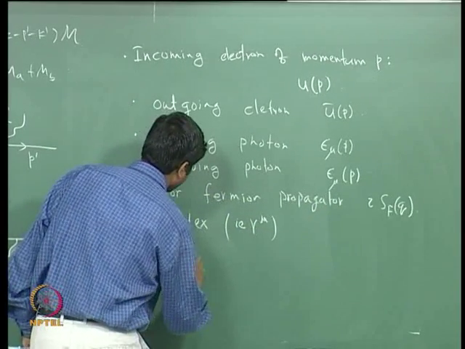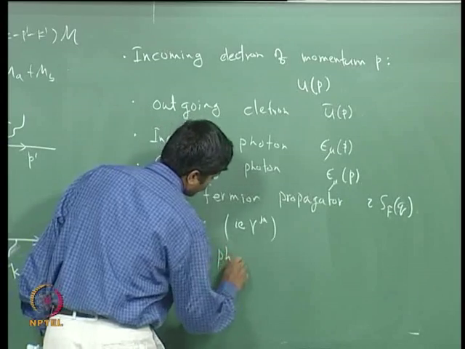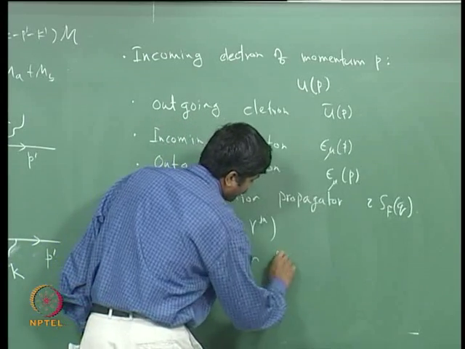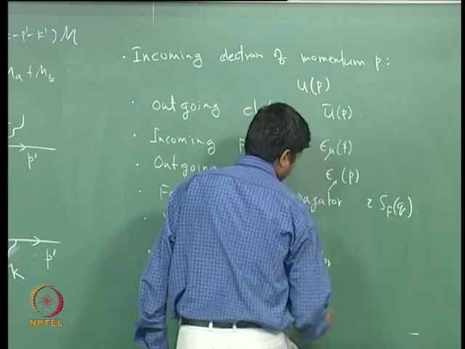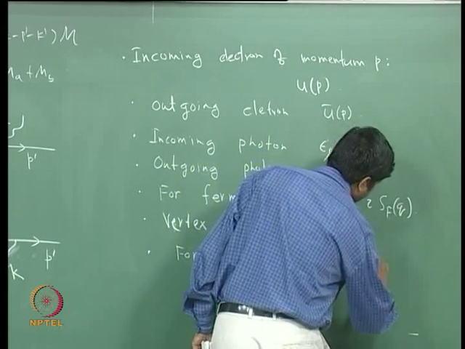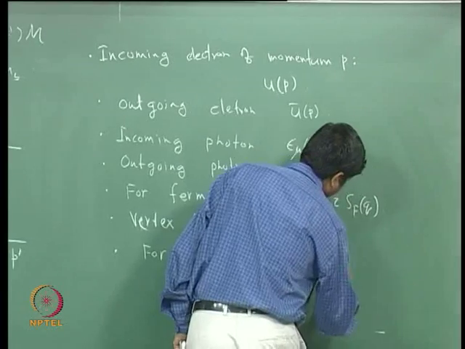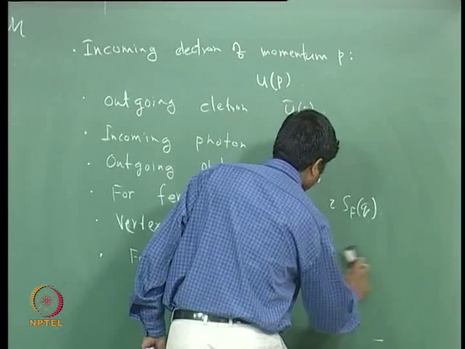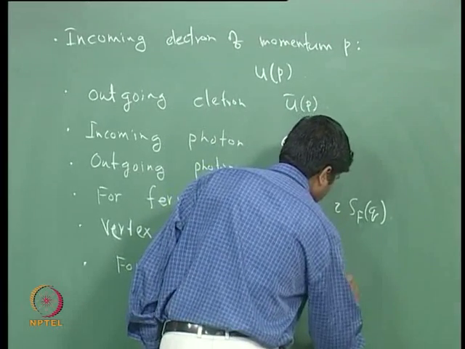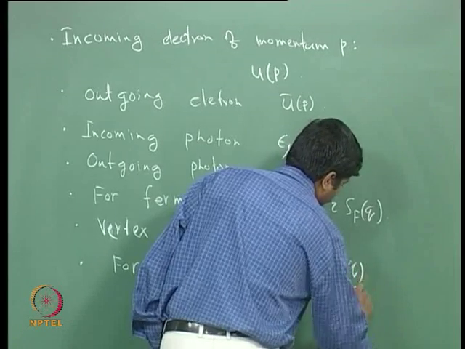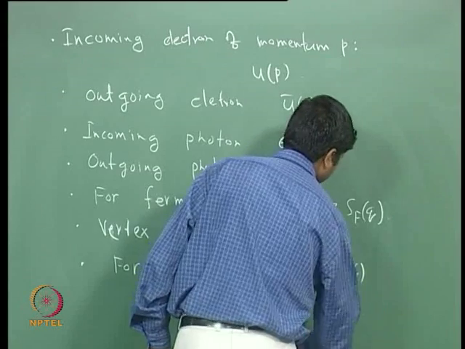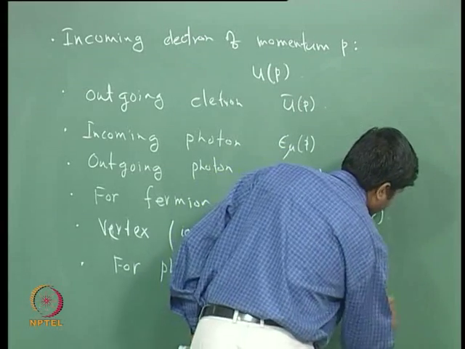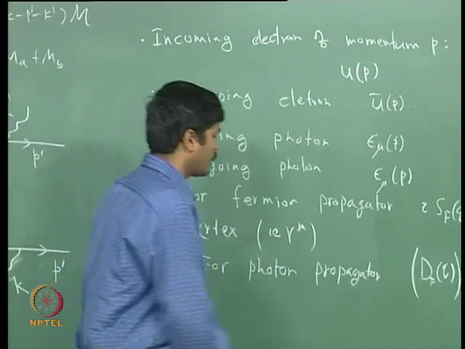So for a photon propagator, you have minus i eta mu nu, or I will write as D_F of q, the mu nu-th component of the photon propagator with a factor of i.